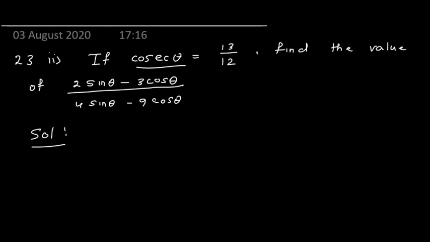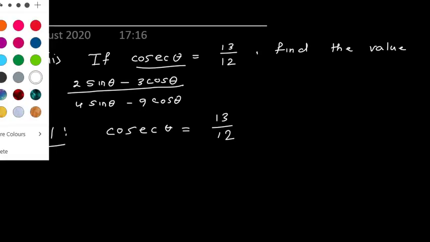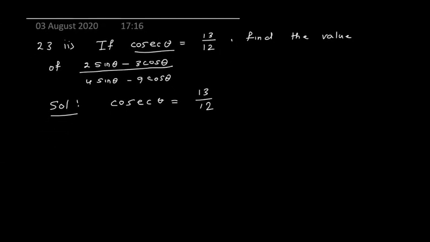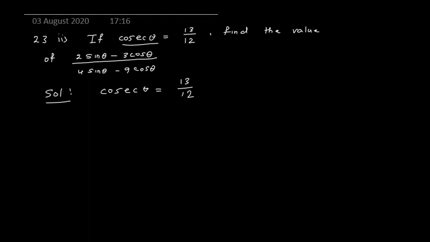Solution: we have cosec theta is equal to 13 upon 12. Now cosec theta is 13 upon 12. So we know the identity. What is the identity? We know that 1 plus cot square theta is equal to cosec square theta.